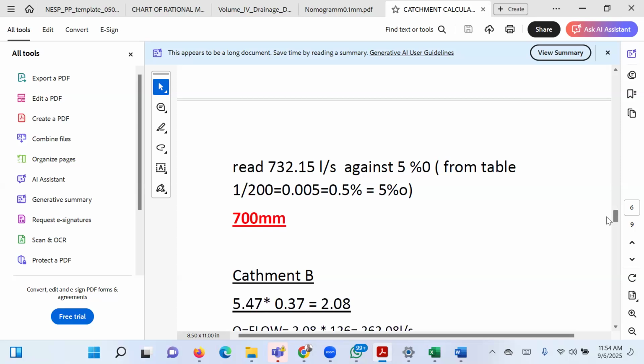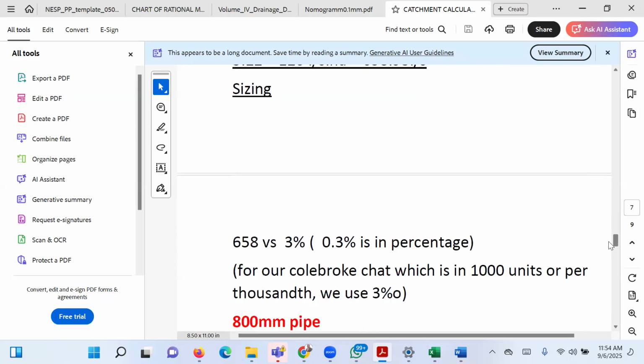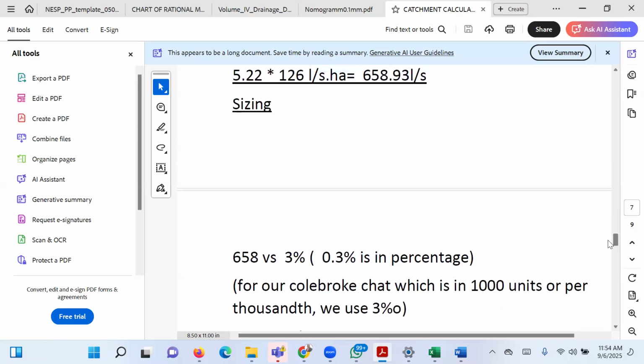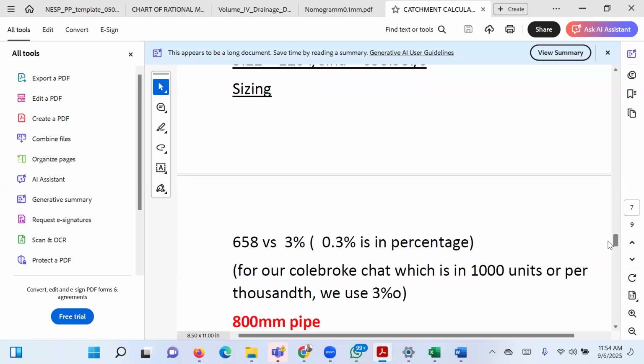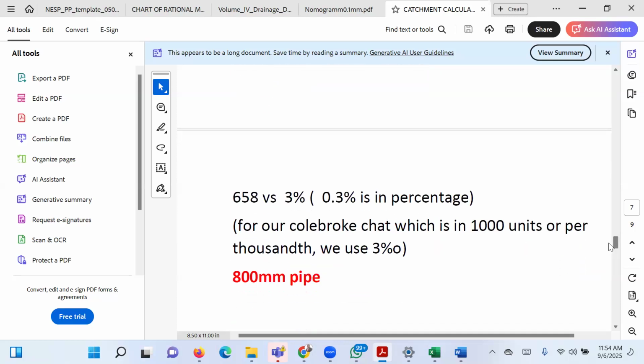Just like your Jigawa experience. Did you see that even though the discharge here is more, the pipe size was 700 because the slope, this is to tell you the impact of slope. The slope was 5%. Then in this case, even though the discharge is also close to 700, because the slope is almost like a flat land, you need a bigger pipe size.